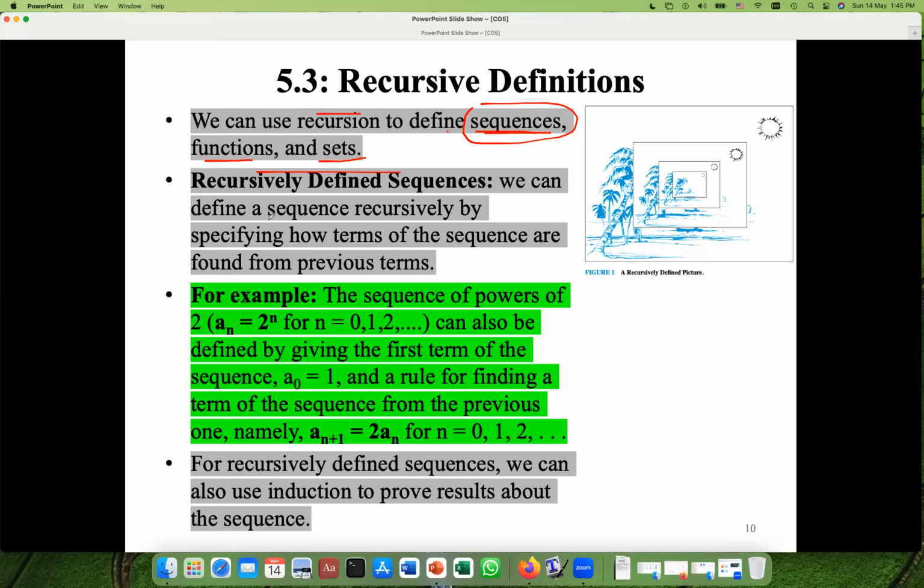So if we have a sequence, then you can define that sequence recursively. And what is recursive? This is just a picture. This is the full picture. You can divide that same picture into a smaller picture, and that picture is also showing the same thing. You can divide it further into another picture, and that picture is also showing the same thing. And similarly here.